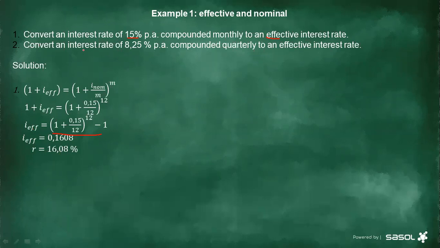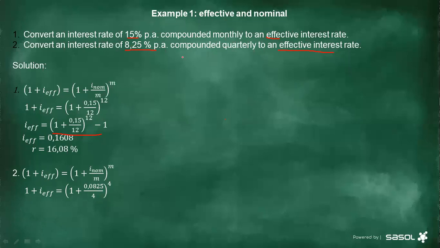The second question: an interest rate of 8.25% compounded quarterly to be converted to an effective interest rate. You write the correct formula for that. Then the second step, you substitute: you divide this by 100, which is going to give us 0.0825.